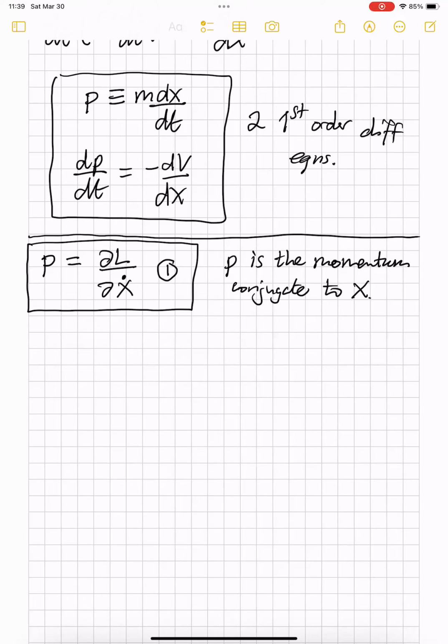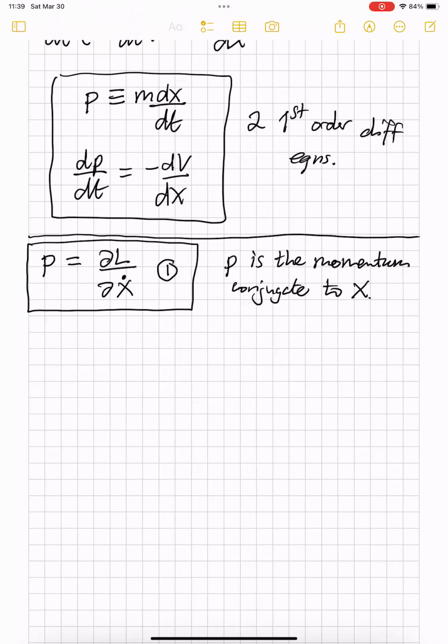dL/dx dot. Now, for many of the Lagrangians that you consider, equation 1 will just tell you that p is equal to m x dot, so exactly like we wrote above, but that's not always the case. For example, if you consider a charged particle coupled to an electromagnetic field, that's a very physical problem you might like to study.